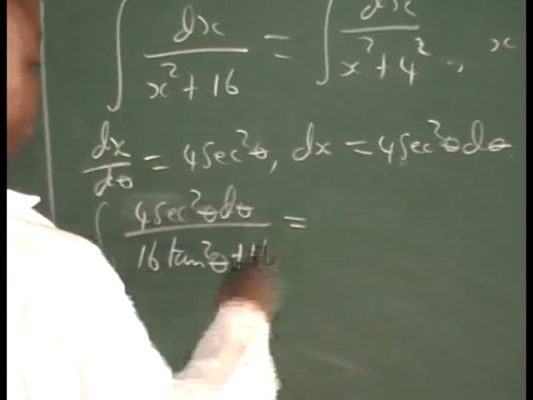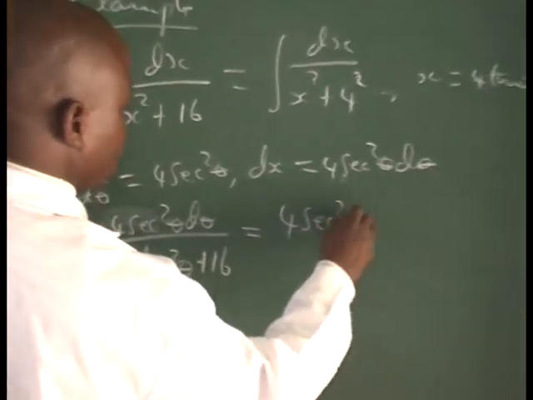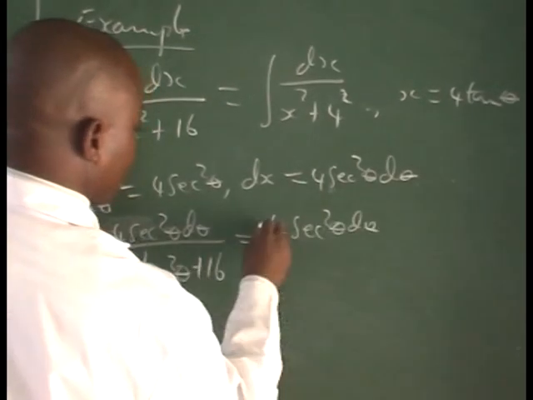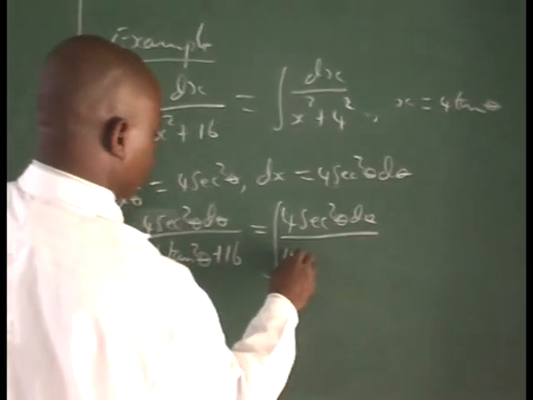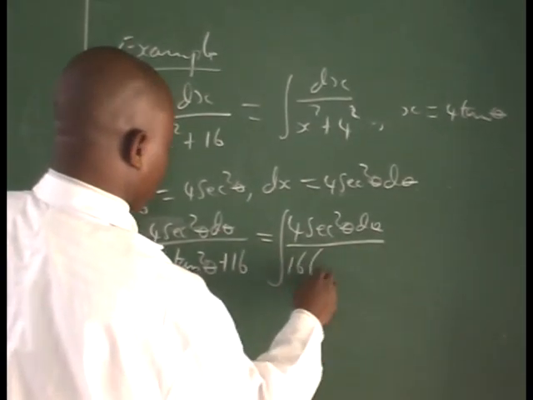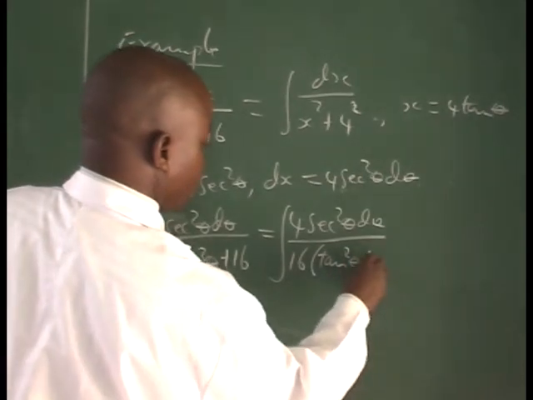So if you have that, you can write this as 4 sec squared theta d theta all over 16 bracket tan squared theta plus 1.